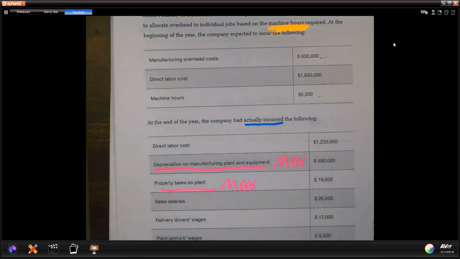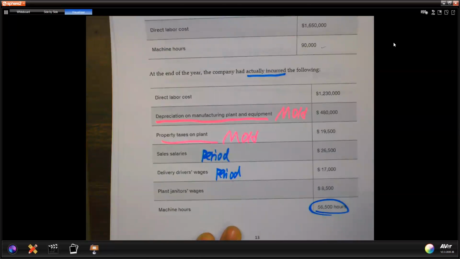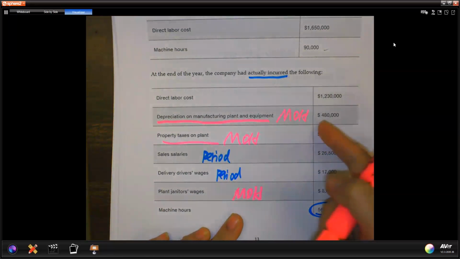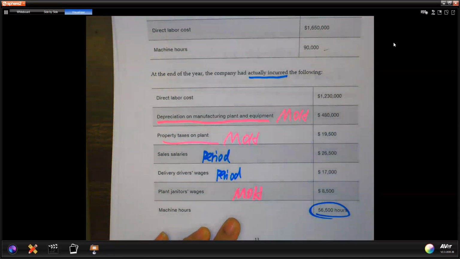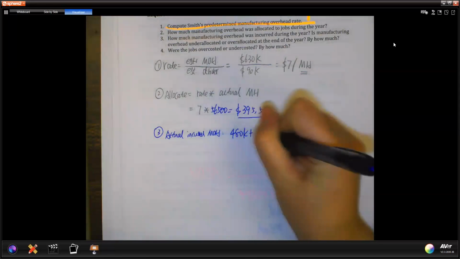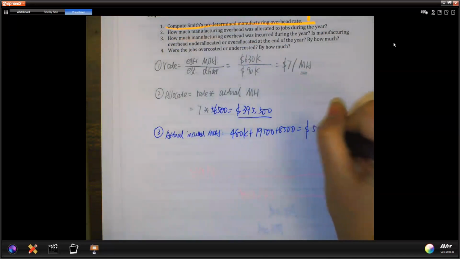Sales salary, this is your period cost, right? Delivery, this is your period cost. Plant janitor, this is your manufacturing overhead. The manufacturing overhead is 480,000 plus 19,500 plus 8,500. So our actual is 508,000.